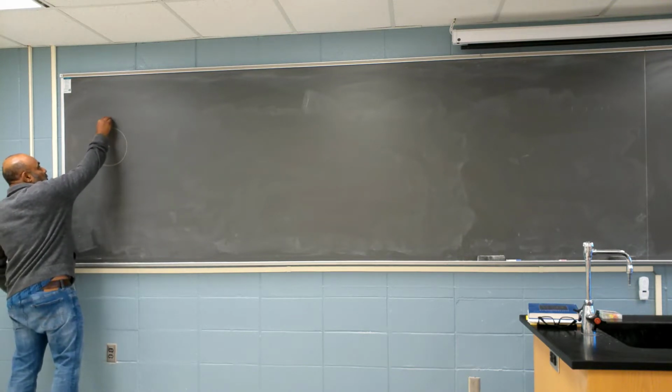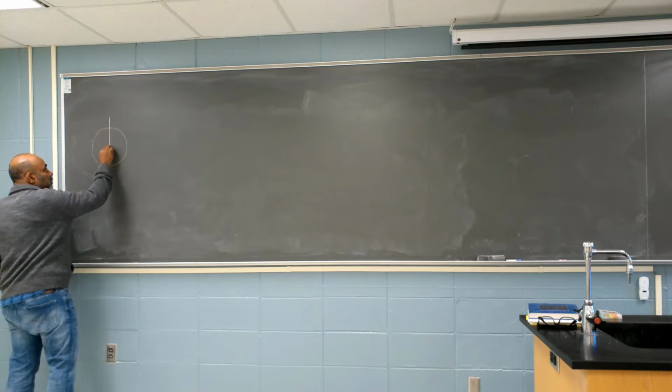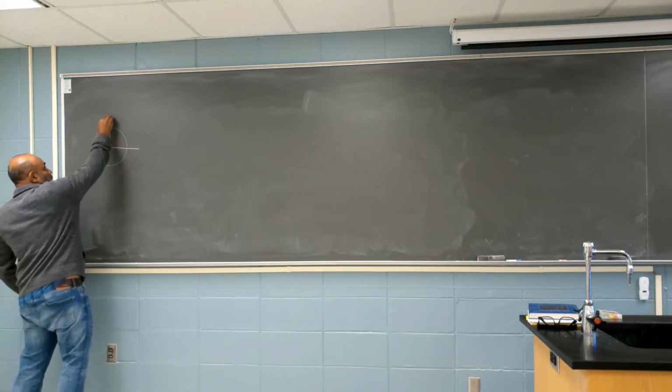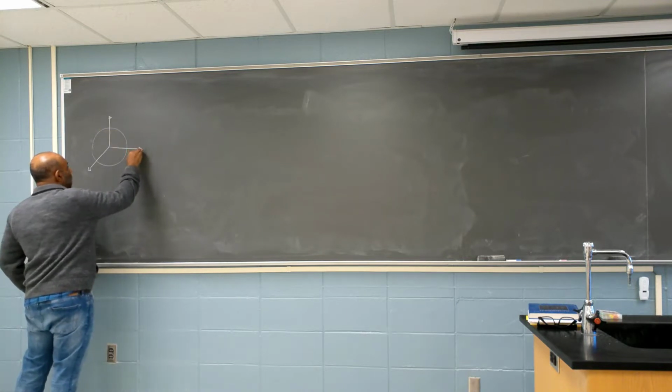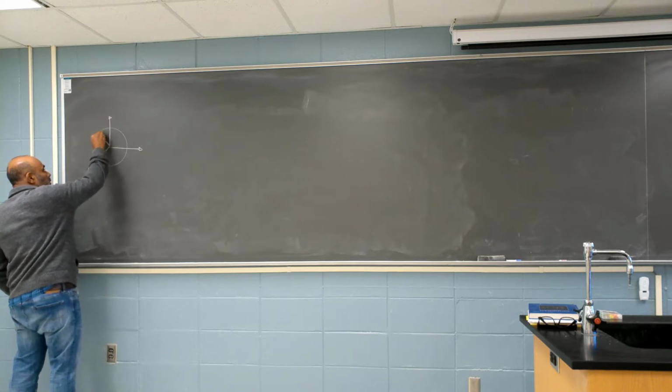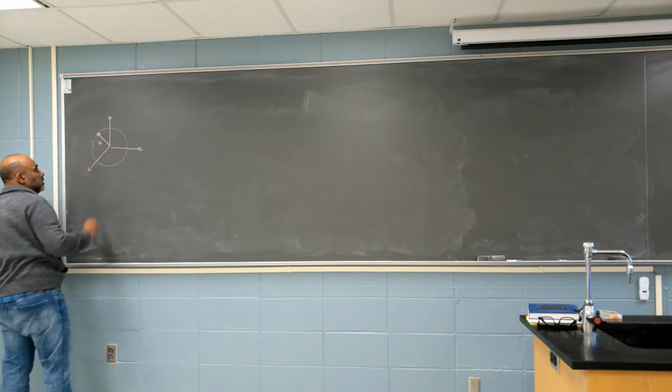This is the origin of our coordinate system. And then you pick a sphere of radius r.